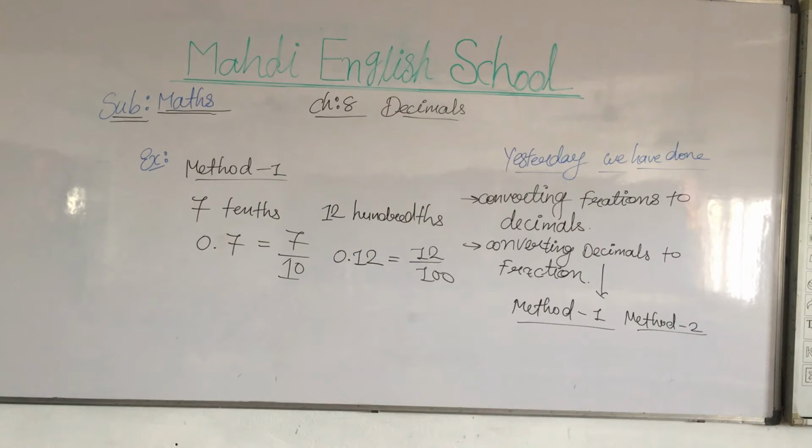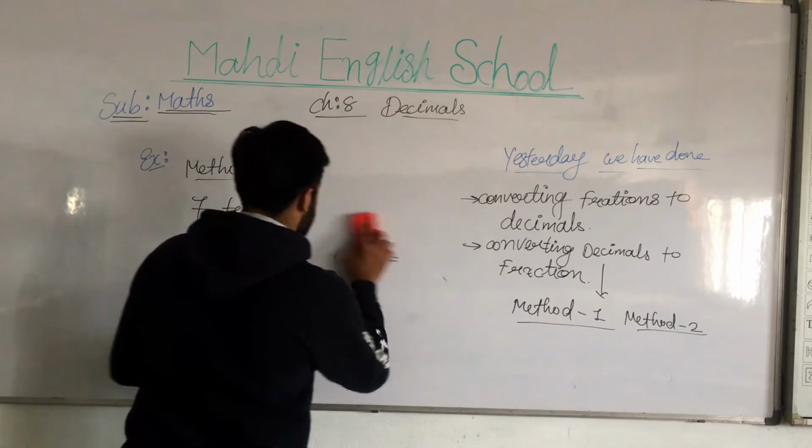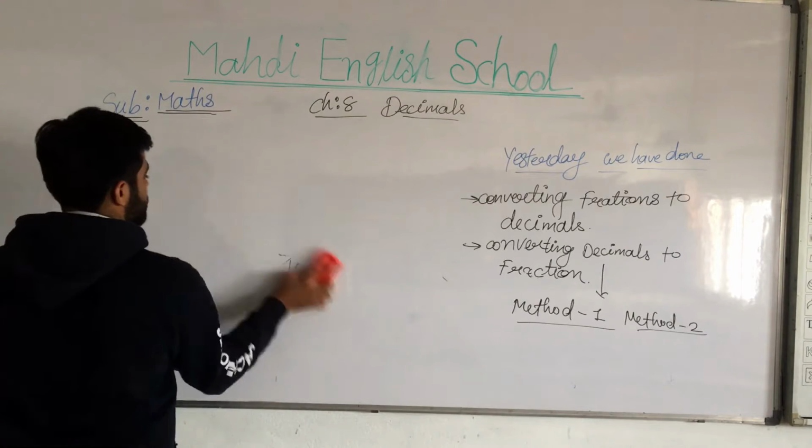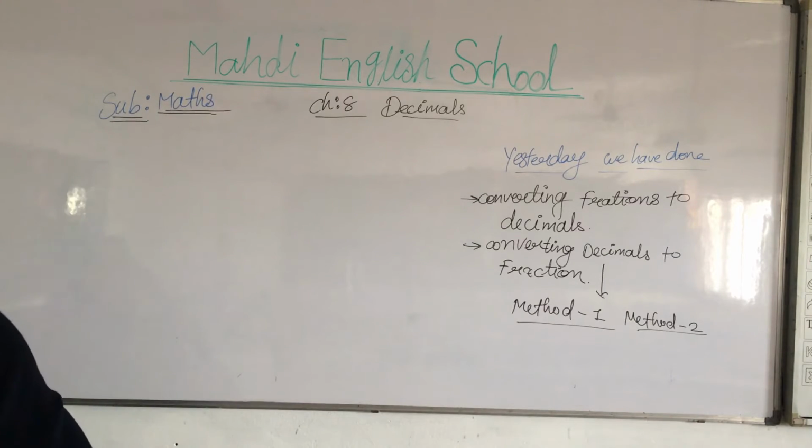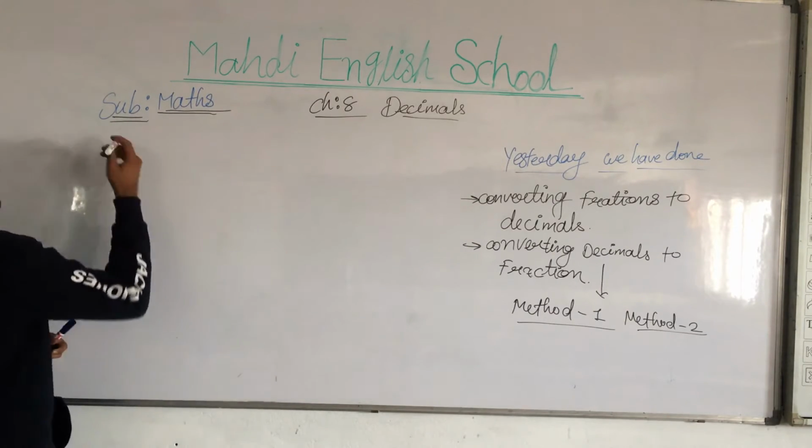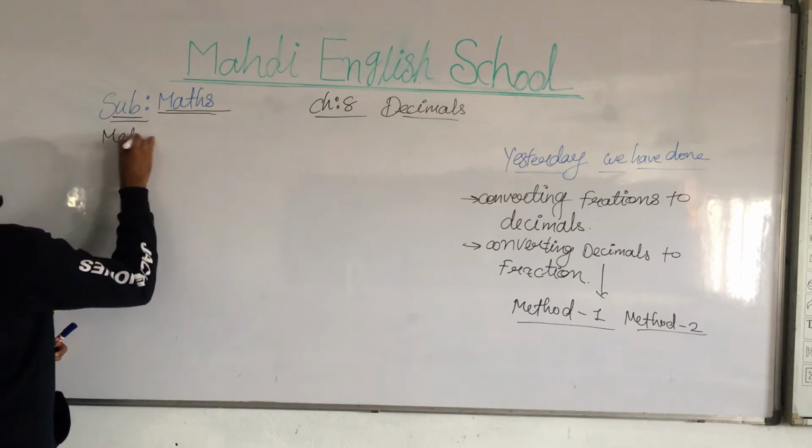Then write the denominator with as many zeros as the decimal places. So first of all, I am writing here method number 2, my dear students.